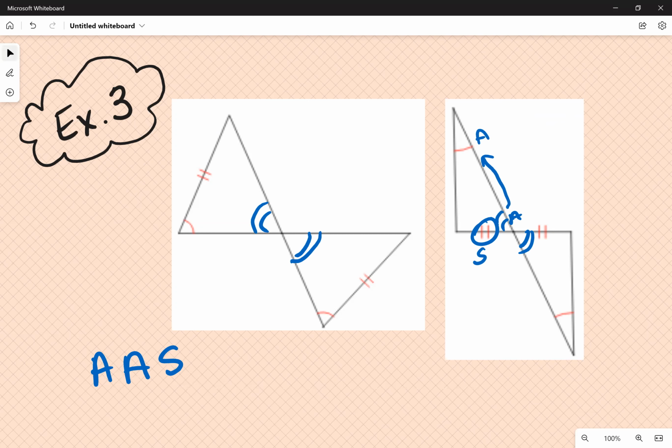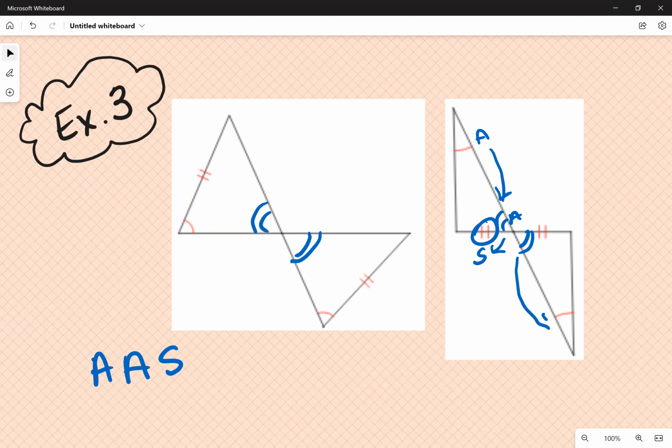But I went backwards. You can't do that, right? This is what I did. Was that in my list? No, that was not. But I did notice that I had 2 A's and an S. So now I'm just going to write it the correct way. So angle, angle, side. And again, you have to make sure that is true for both.